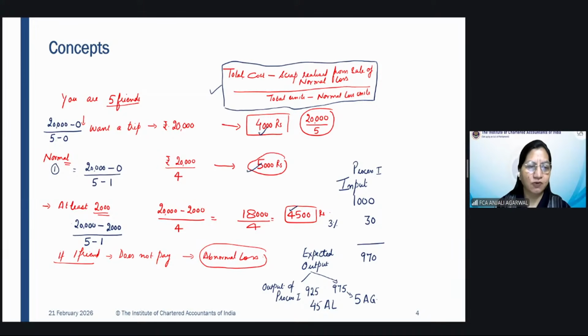So 20,000 cost, which was supposed to be borne by 5 friends, the cost would have been 4,000, but now one says I'm not going to contribute. So you thought the cost would be 5,000, but then he came up again. He said, no, at least I can contribute 2,000 out of my share. Then your cost would be 18,000 divided by 4, 4,500. Is it clear now?